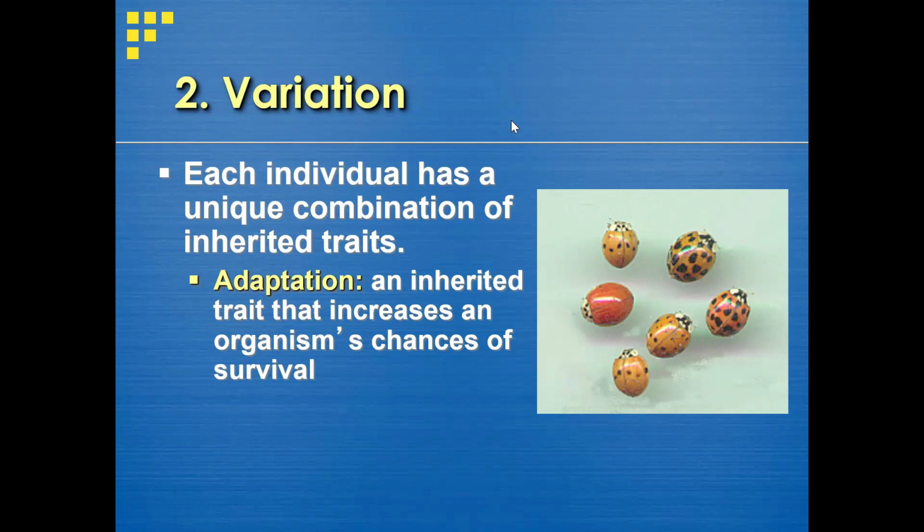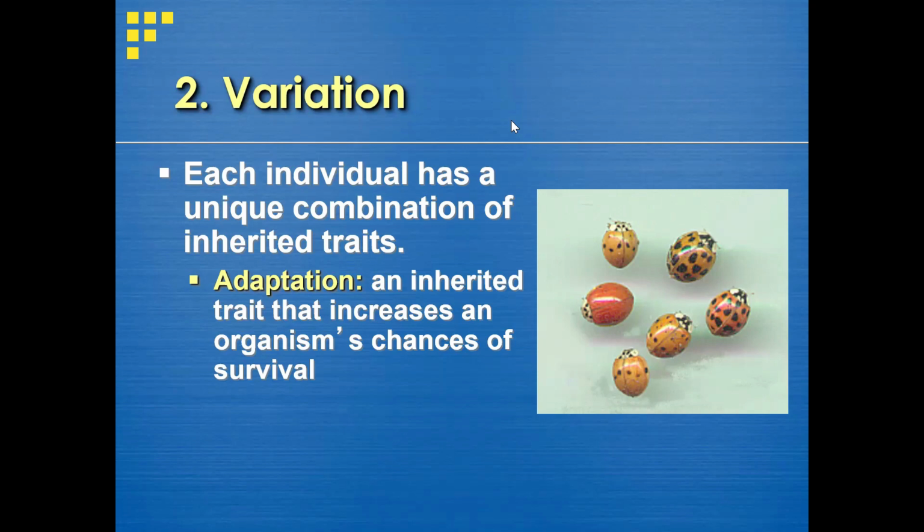A trait that I inherited from my parent that will increase my chances to survive in a particular environment is what you call adaptation. So adaptation is the ability of living organisms, based on the traits inherited from their parents, to increase their chances of survival.